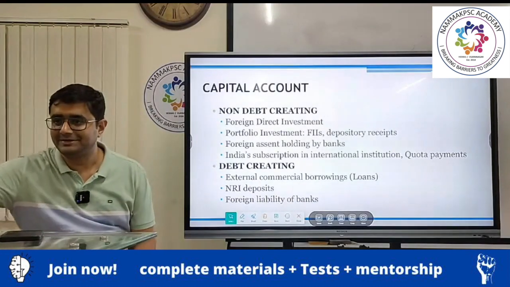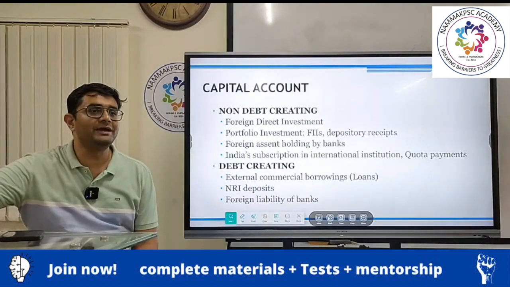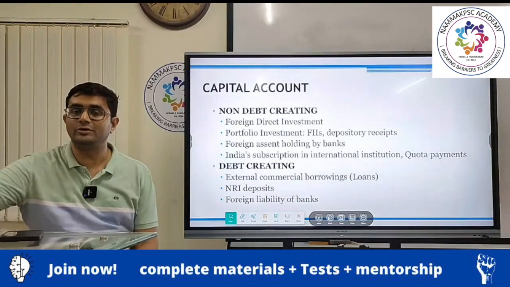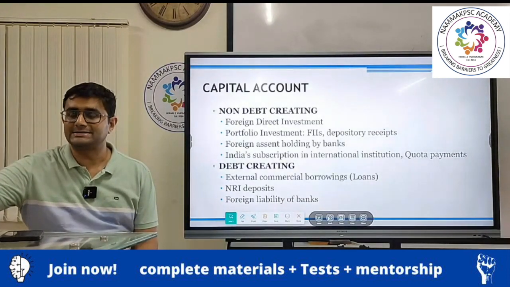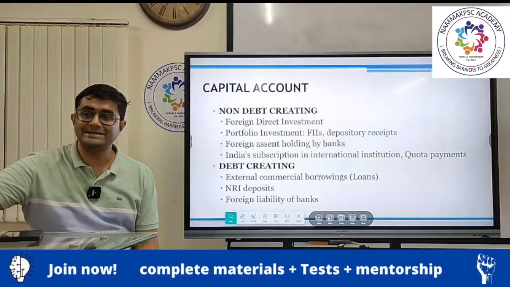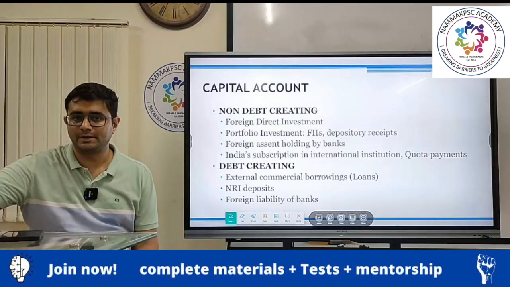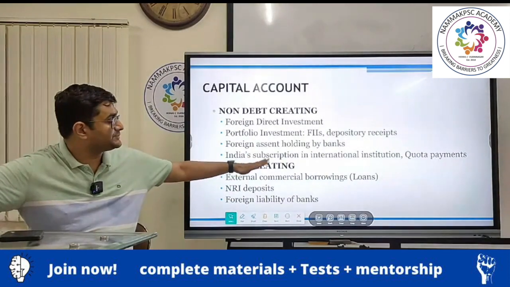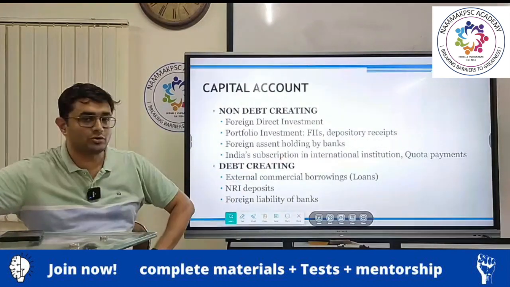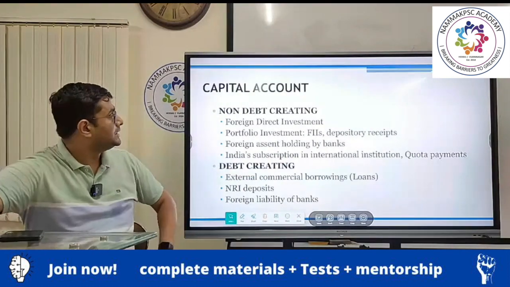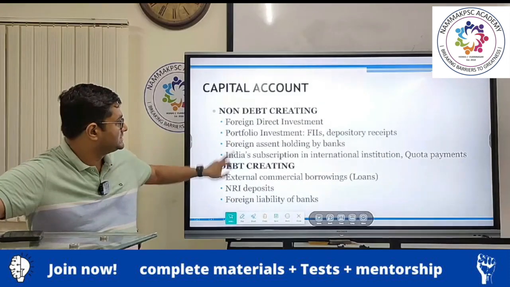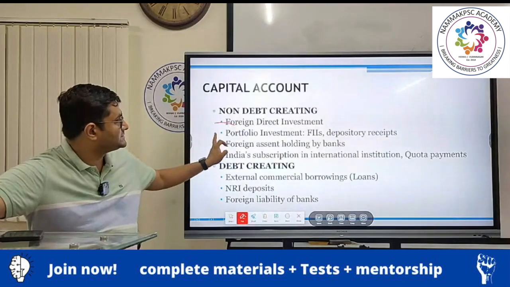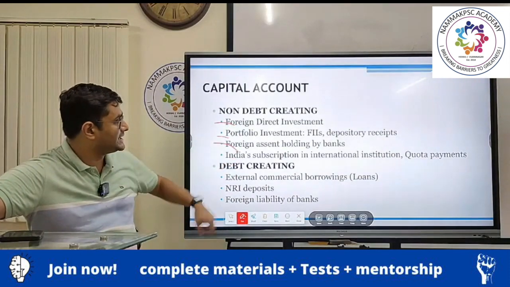If you want to join a club, you have to pay a subscription amount. Same way, if you want to join the IMF, World Bank, etc., you have to pay subscription fees. So India's subscription in international institutions, quota payment, etc. Foreign direct investments, then portfolio investments, then foreign asset holdings.